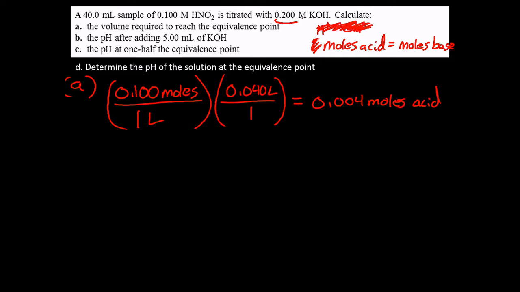So now we need to figure out how many mL of this 0.2 molar potassium hydroxide we will need to get the same number of moles.